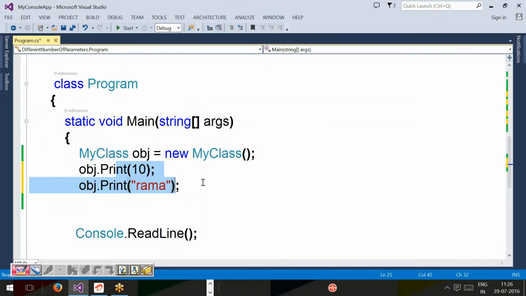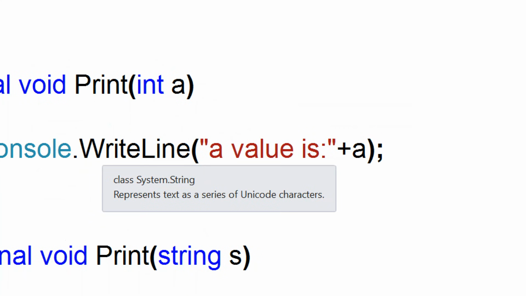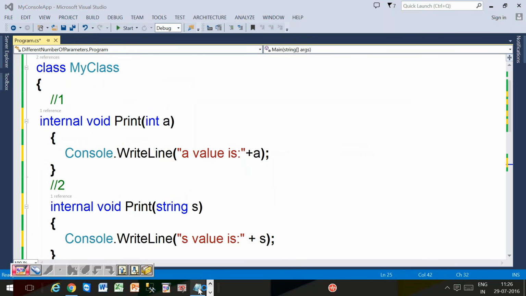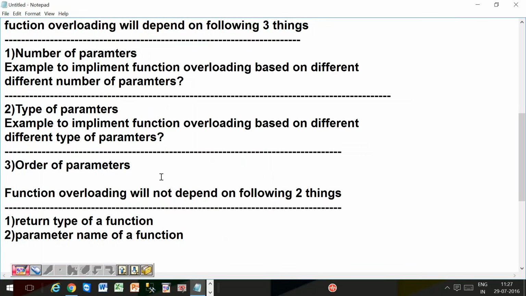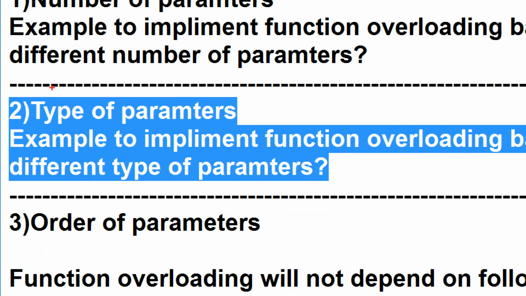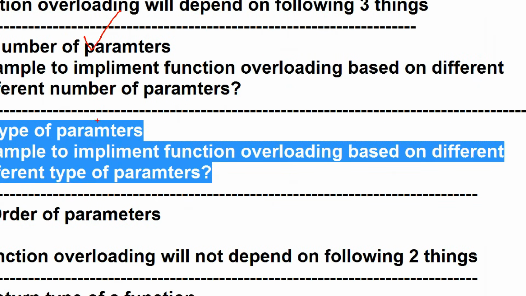One by one: here it is integer, here it is string. So you are overloading functions based on different types of parameters. With this we can say function overloading depends on different types of parameters. So first one is passed, second one is passed.